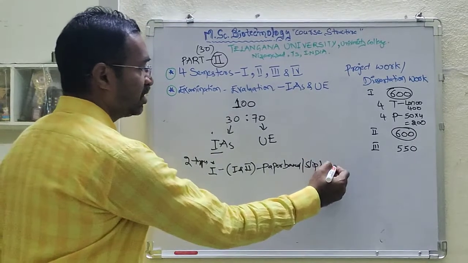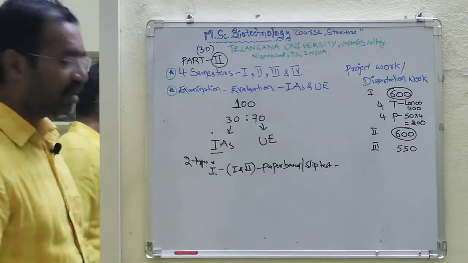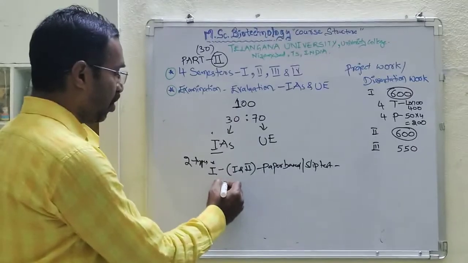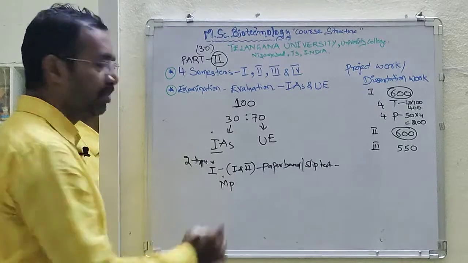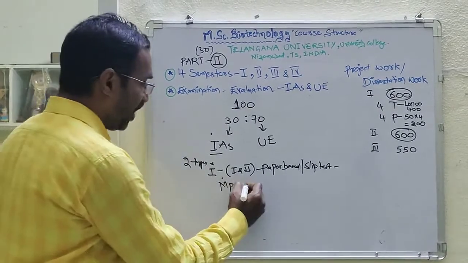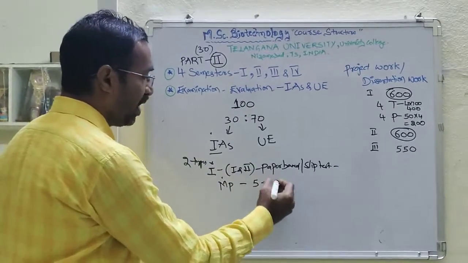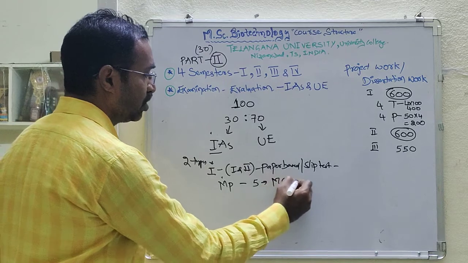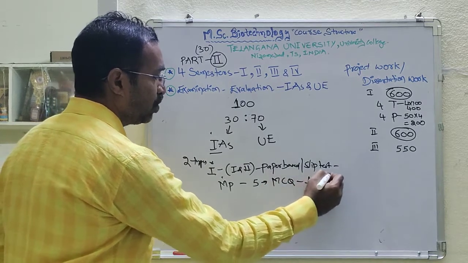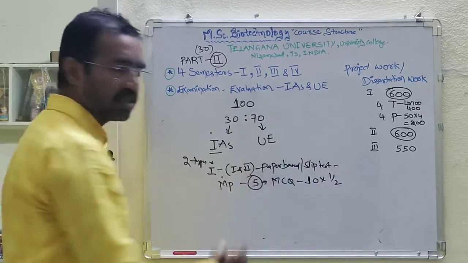In the model paper of this test, the first 5 marks are evaluated by MCQs: 10 MCQs at half a mark each, so 5 marks.